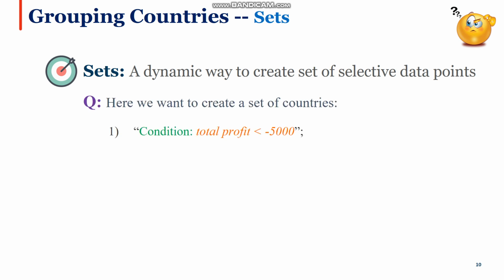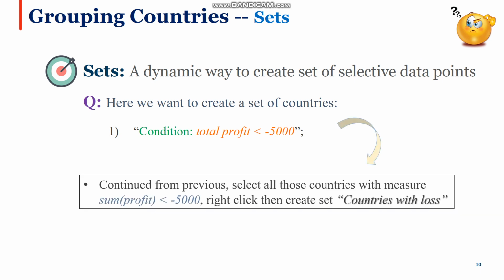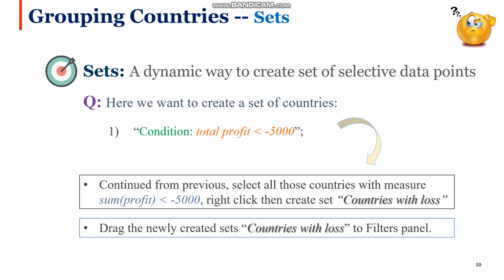For example, the total profit loss is less than -5,000, and select all those countries with a measure like the summation of profit less than -5,000, and right-click, create the set countries with loss. To display only those countries, you may drag the newly created set countries with loss to the filter panel, or you just right-click and use keep only.